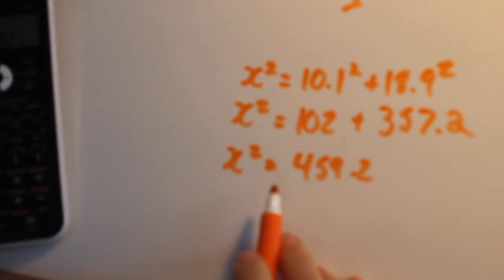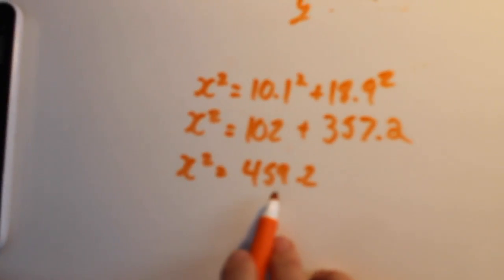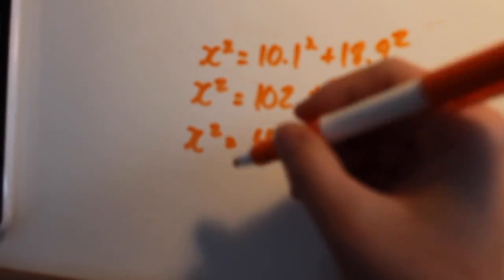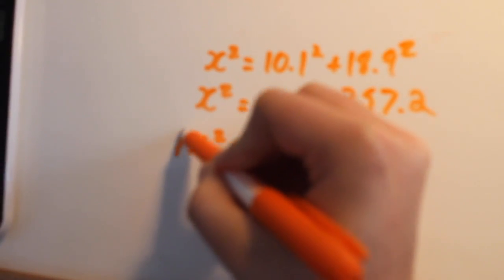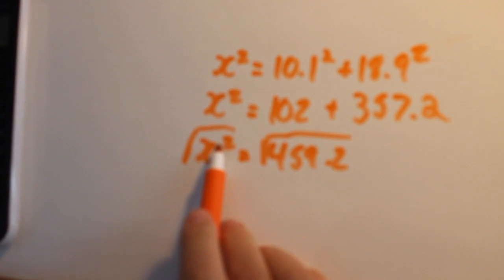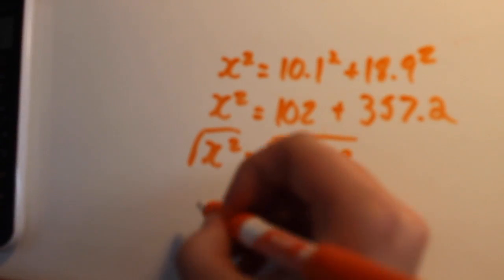Now, to get each side equal, we're going to need to square root both sides to get rid of the square here.